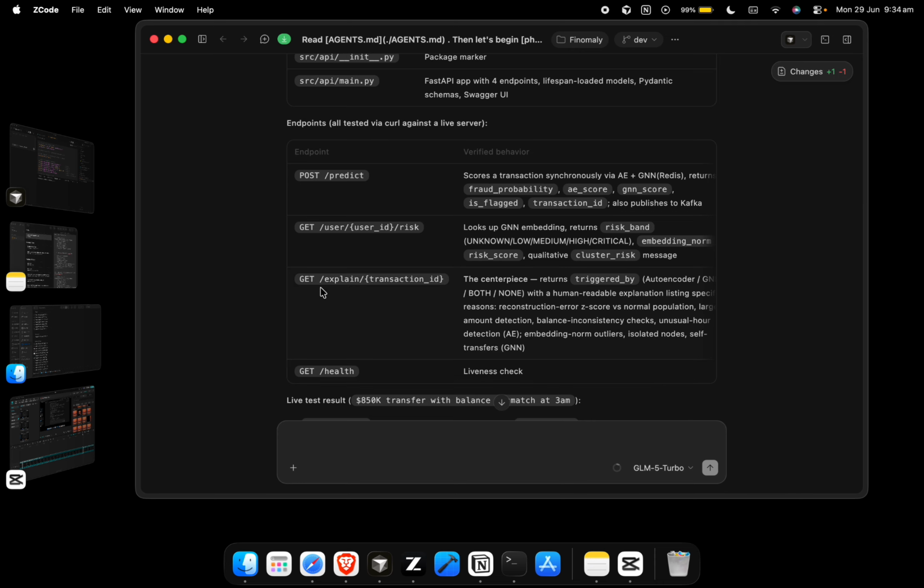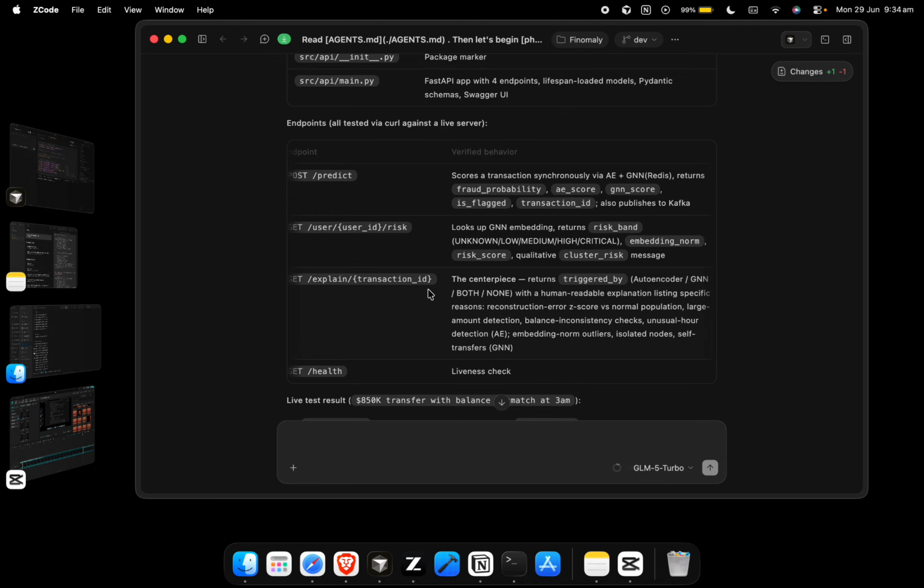We have the get explain transaction ID endpoint. This is the centerpiece. This returns whether it was triggered by the autoencoder or the GNN, both or none, with a human-readable explanation listing specific reasons why a transaction was flagged.